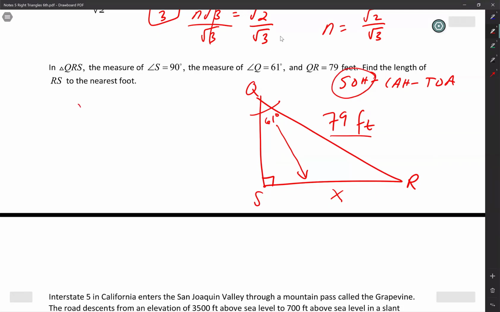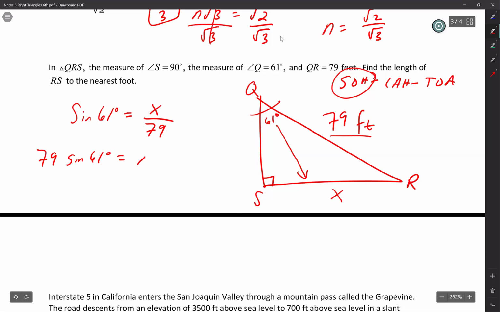I'm going to write sine 61 degrees equals X over 79. You're actually going to be doing something like this in your physics class. From there, to get X by itself, you just multiply by 79. So 79 sine 61 degrees is going to give you your X value. Don't worry, we're going to show you how to do this without a calculator, guys.